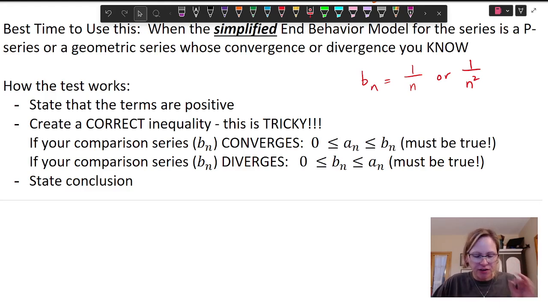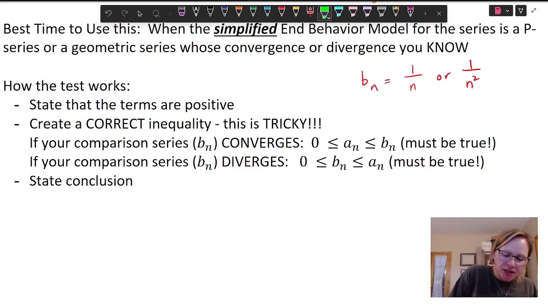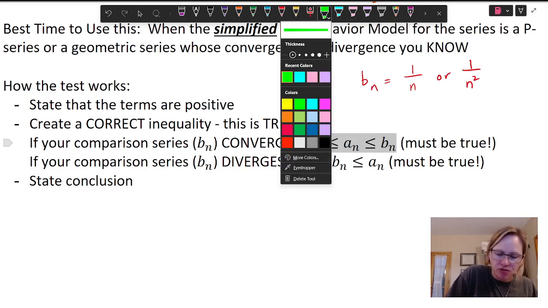Now, it is very tricky, so let's pay attention to our inequalities here. If you are picking a series that converges, so you think that it looks like a p-series where p is greater than 1, or you think that it looks like a geometric series where r is less than 1, then you need to make sure that this inequality right here is true.